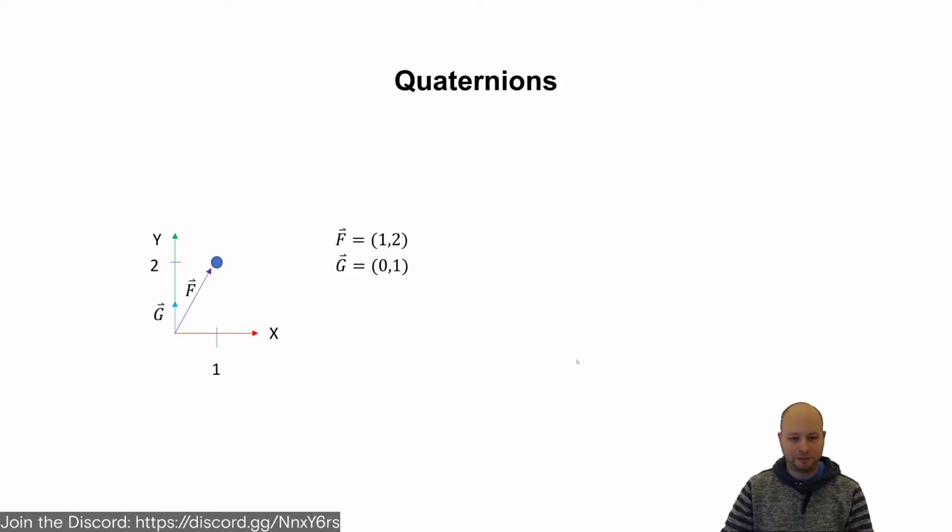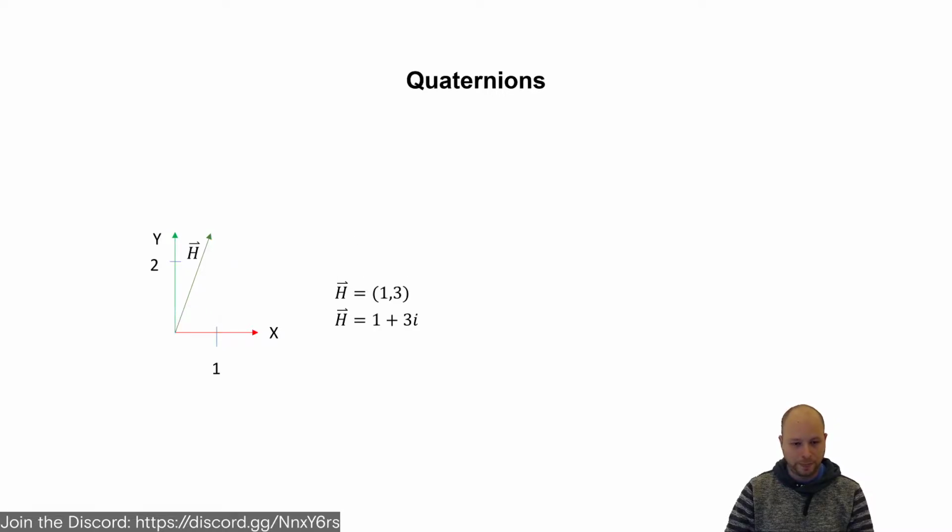Now let's talk a little bit about the quaternion. And let's put another vector there of 0, 1. So this is just a unit vector in the direction of the y-axis. If you add the 2, you get a position of 1, 3.